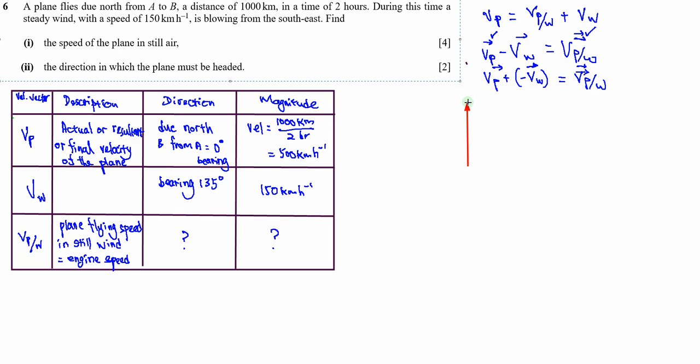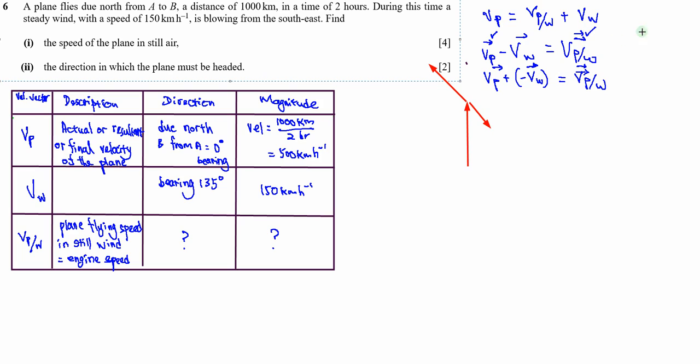So we're going to put here 135, that means flying from this direction, from southeast. But then remember, when you bring it over, it becomes negative, so this is going to be the opposite direction.